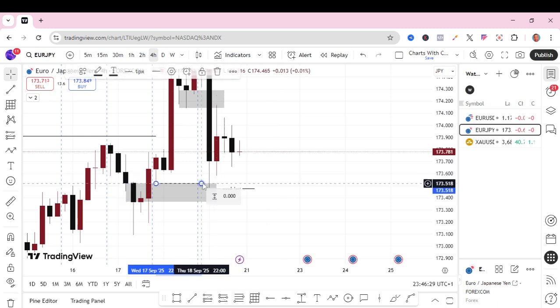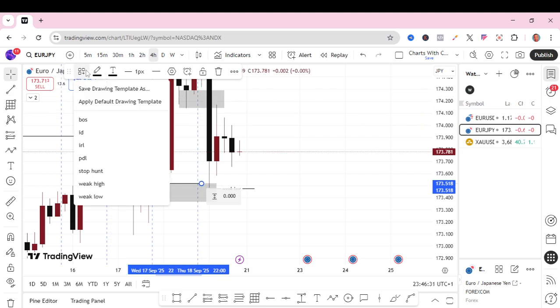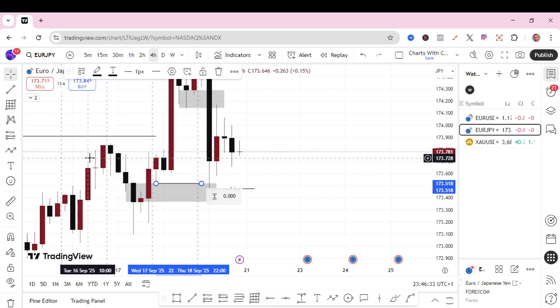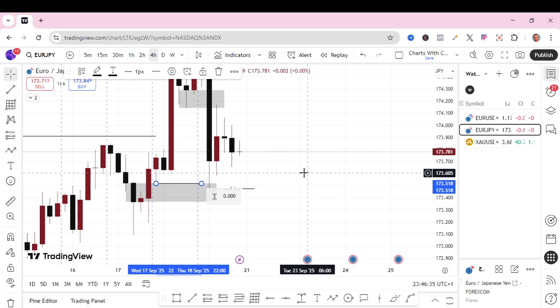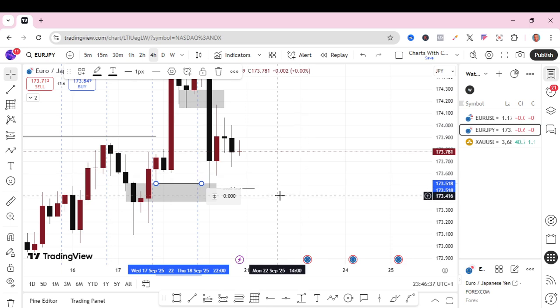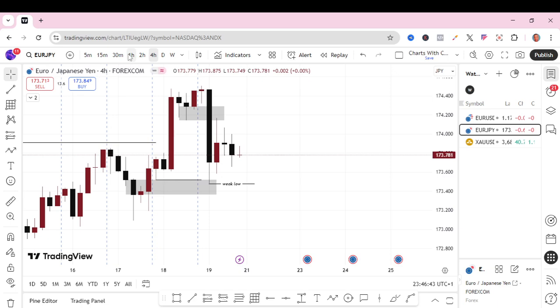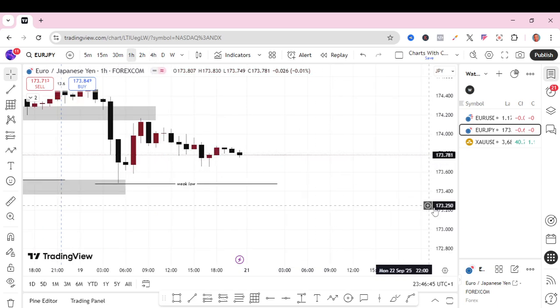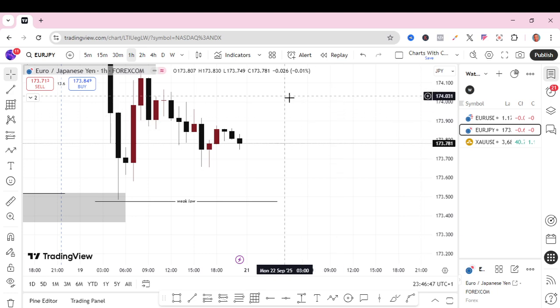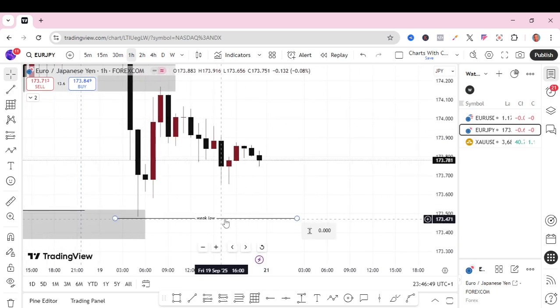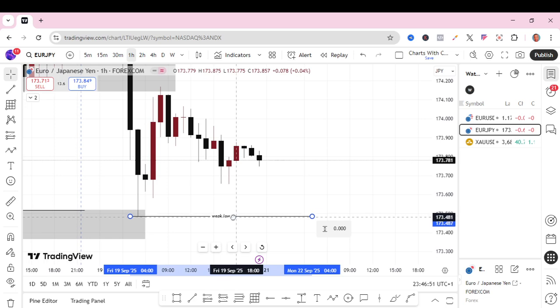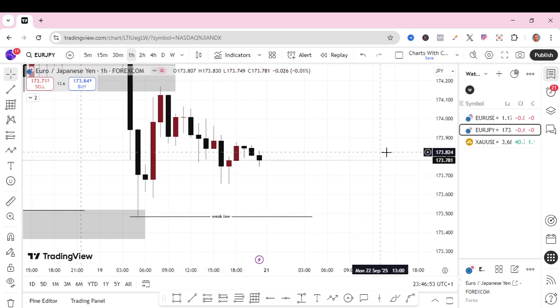Okay, previous day's low. So this automatically becomes a weak low. Now, if you watch from the 1 hour time frame, price is already mitigating to take out this low already. Look at this here.